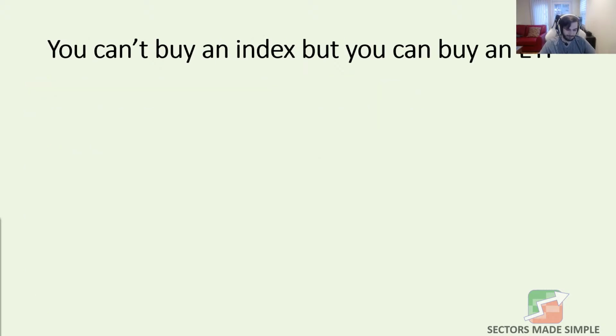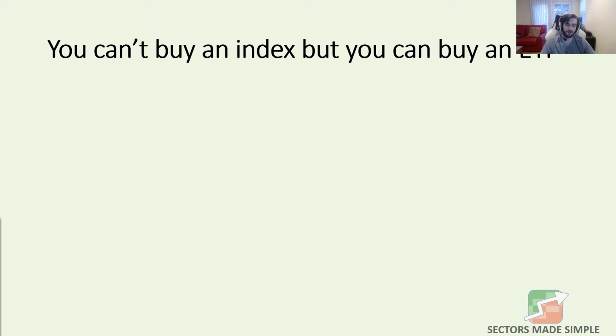Now, before we go any further, I do want to say this. You cannot buy an index. Indexes are not tradable. But you can buy an ETF. And ETFs, well, certain ETFs, more specifically, ETFs that are called index funds, they are tradable.